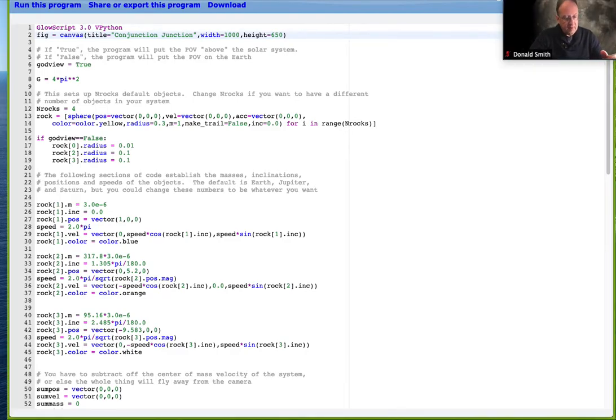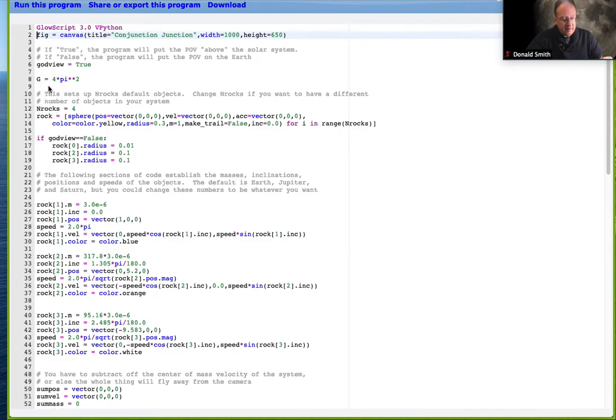So the way I wrote the simulation, I have this thing here called God View, which basically lets me determine how I'm looking at the simulation. Am I looking down on it from above, so to speak, or am I on the Earth looking out at the solar system? So the God view, as I call it, is looking at it from above. And if I turn that to false, I'll get it from the point of view of the Earth. So let's start with the God view.